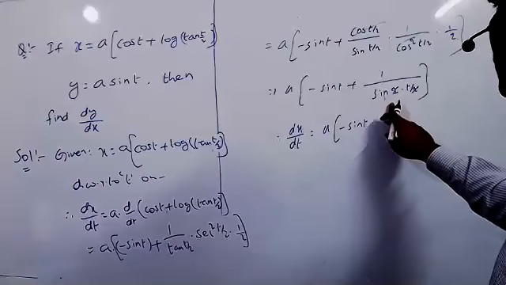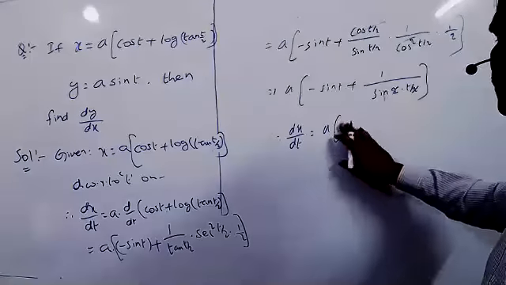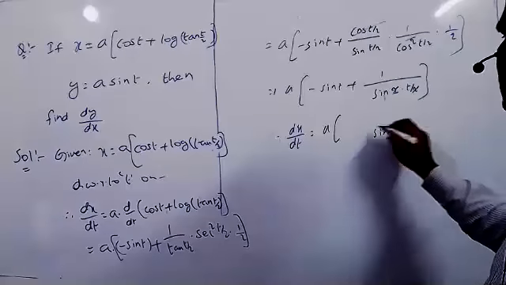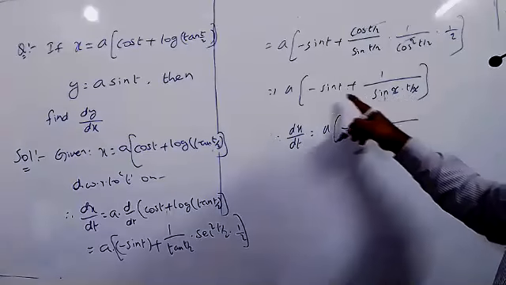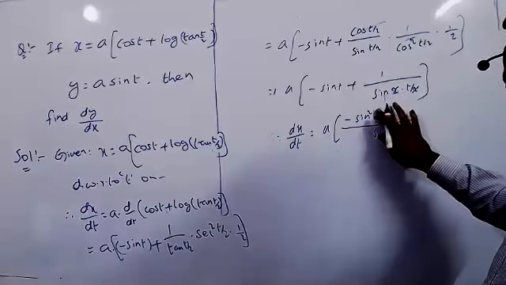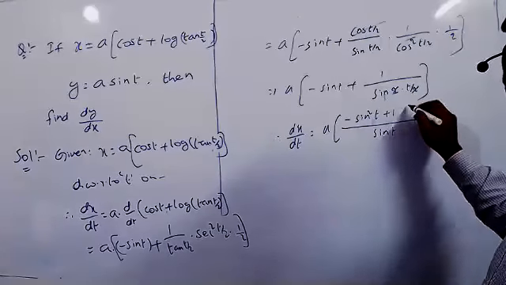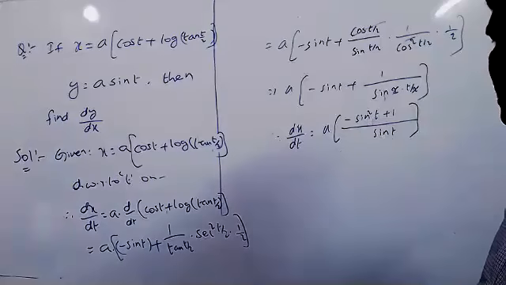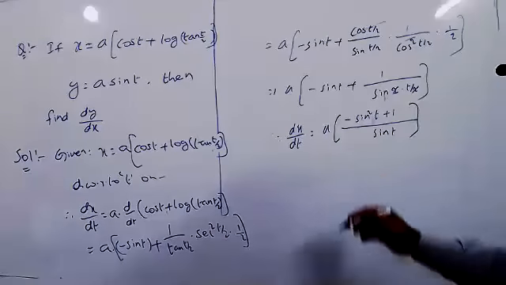If you take an LCM also, it is the same thing only. If we take sin t as the LCM here, sin t into sin t equal to sin square t plus 1. 1 minus sin square theta equal to cos square theta.